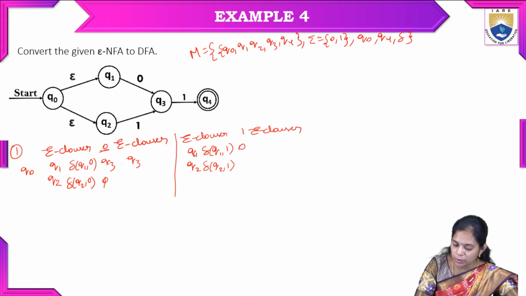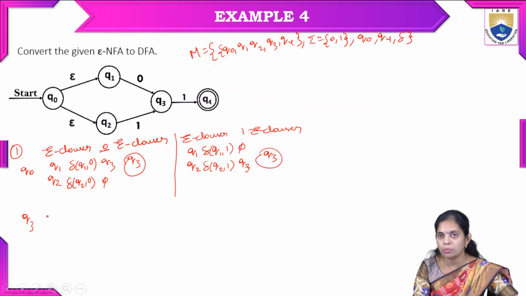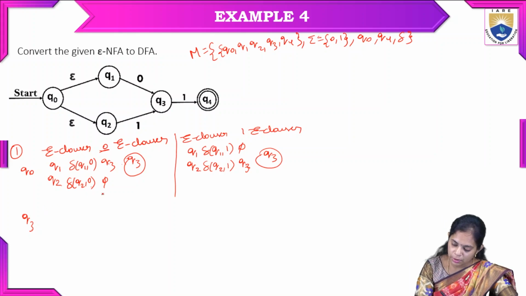Here Q1 comma 1 is phi and Q2 comma 1 is Q3 only, so we also get the result Q3. And what is the result here? Q3.